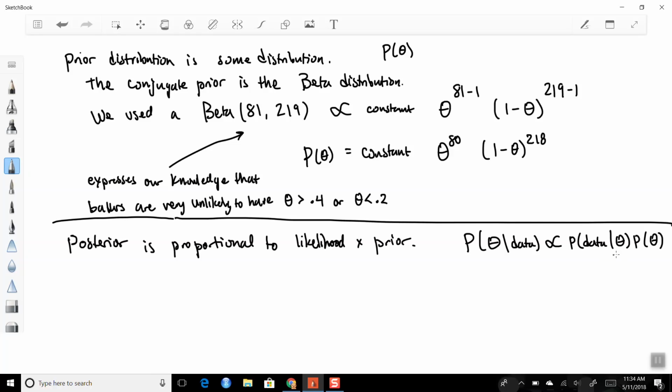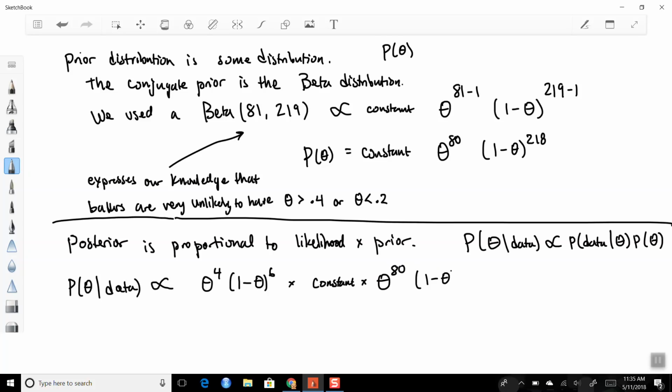This is the likelihood, this is the prior. So the posterior is proportional to my likelihood, theta to the fourth times 1 minus theta to the sixth. This is what we found earlier. And then the prior was some constant times theta to the 80th times 1 minus theta to the 218. Okay?